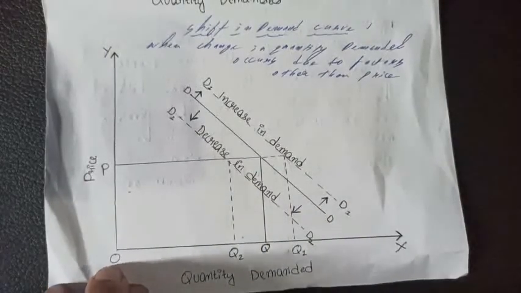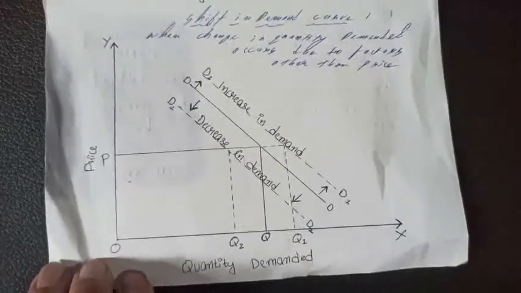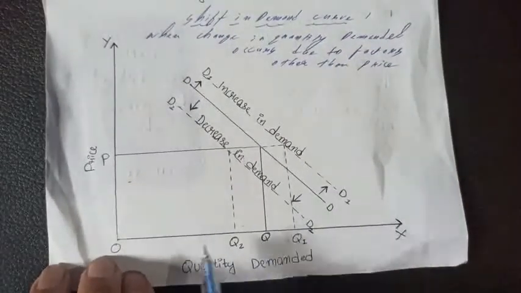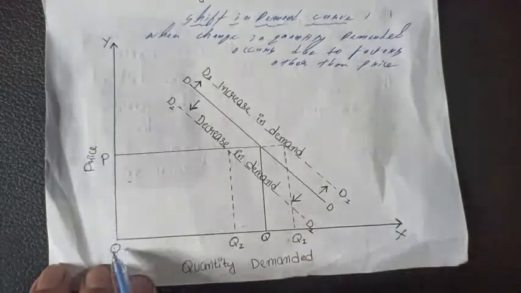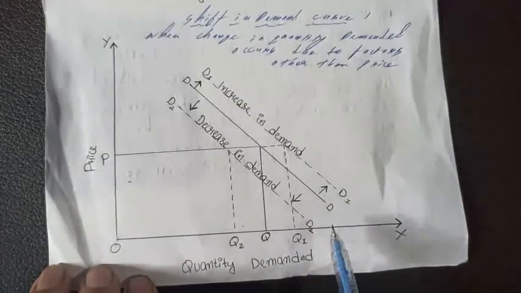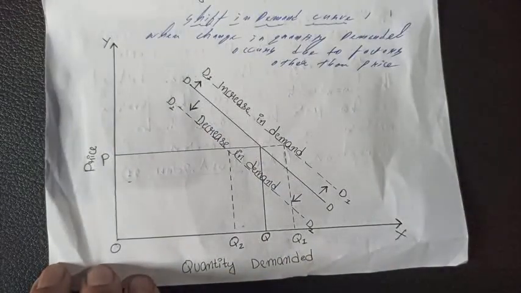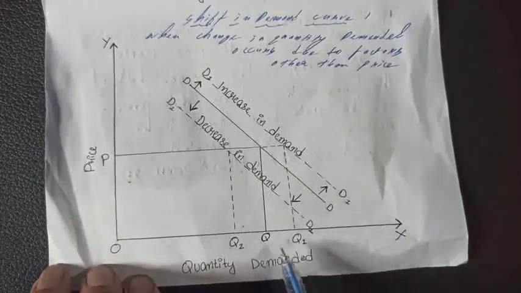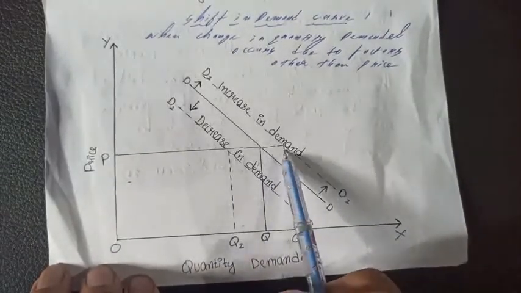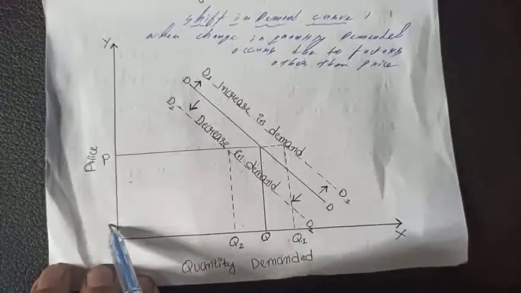Now we will explain with the help of a diagram again. You see here, price remains constant, that is OP. Price is constant at all points. This DD is the original demand curve. Now when we say increase in demand, it means there's a change in demand from Q to Q1, not because of change in price, because price remains constant, isn't it?